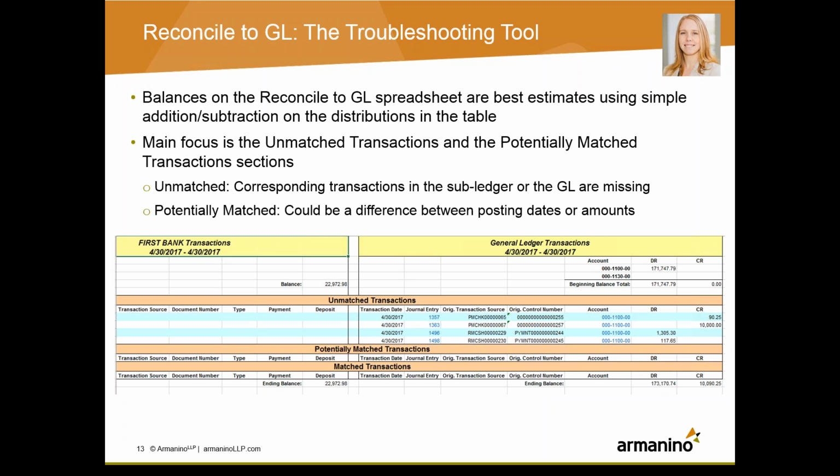You'll also notice that the GL transactions are on the right-hand side and the bank or subledger transactions are on the left-hand side. So it looks like in this particular instance, we had 4 transactions that hit the general ledger that never went through the bank.